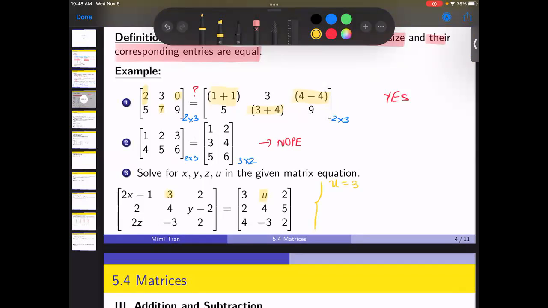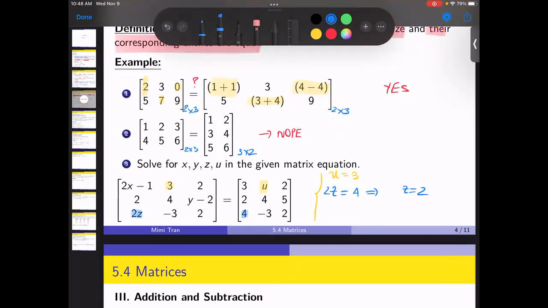And then Z. Where is Z? Oh, Z is 2. Okay, so let me highlight Z in blue. Let's write the equation first. So 2Z equals 4 plus Z, so Z equals 2.